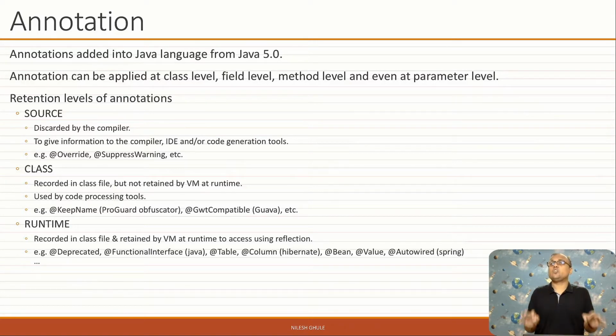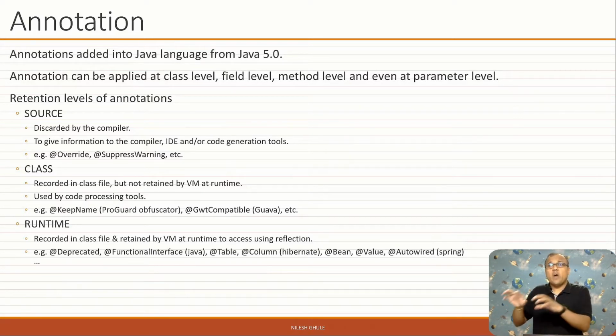Typically, these annotations were used to give some information to the compiler, or some code generation utilities were written using these annotations. The second type of annotation is class level annotation. These annotations are present in the .java file, and after compilation, the Java compiler also puts them into the .class file.